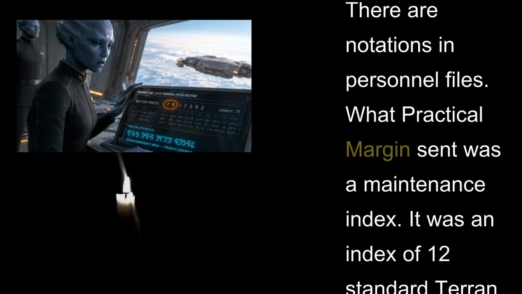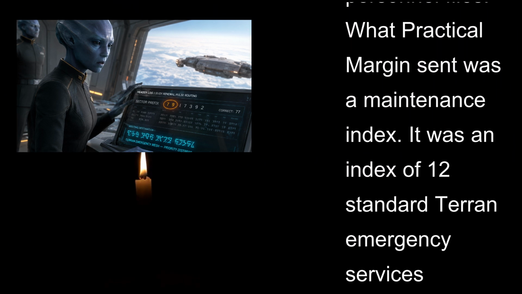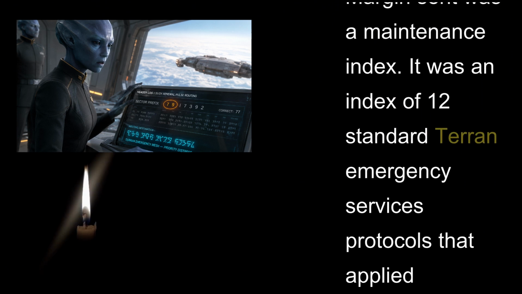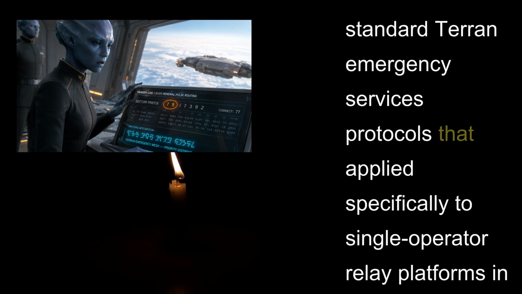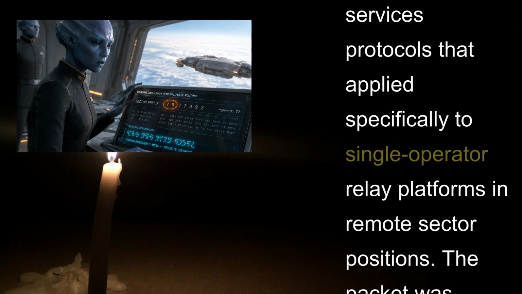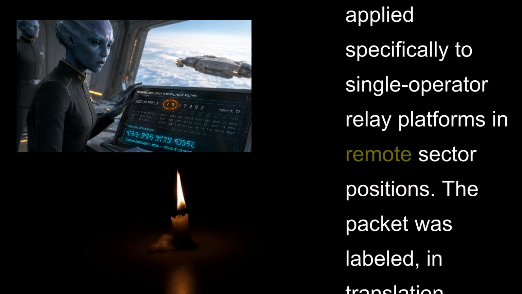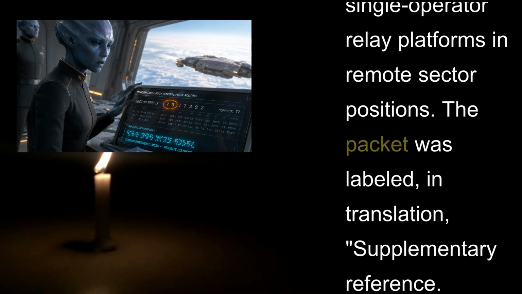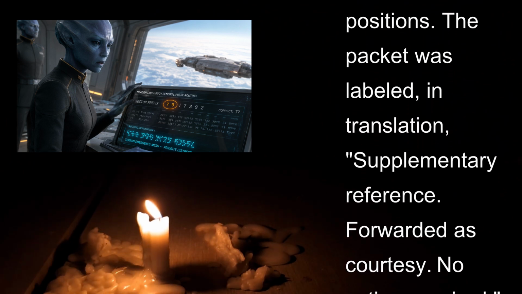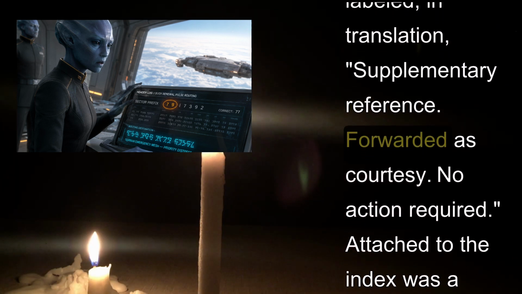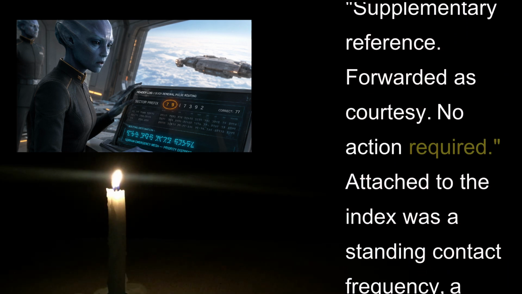What Practical Margin sent was a maintenance index. It was an index of 12 standard Terran emergency services protocols that applied specifically to single-operator relay platforms in remote sector positions. The packet was labeled, in translation, supplementary reference, forwarded as courtesy, no action required.